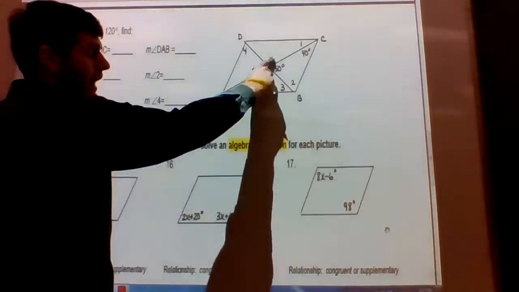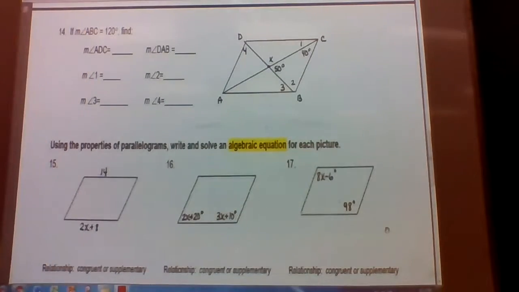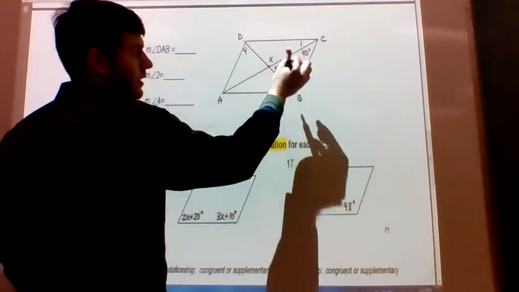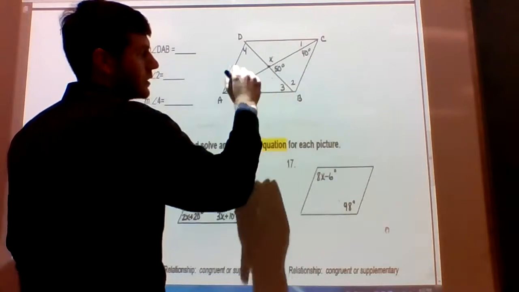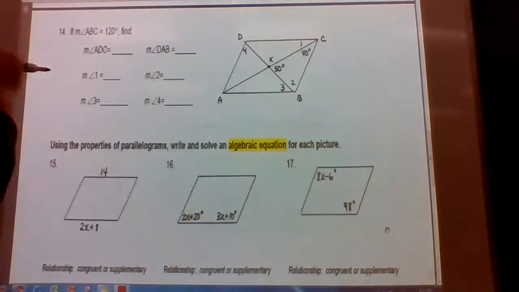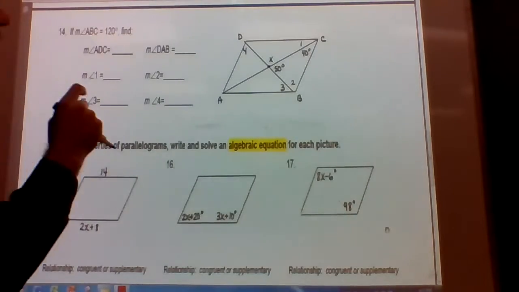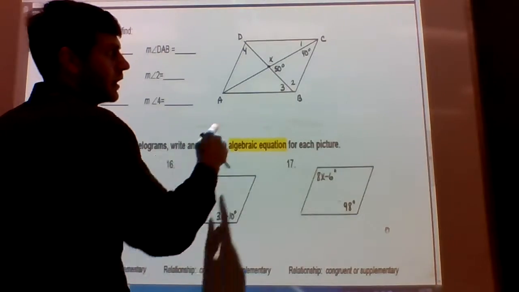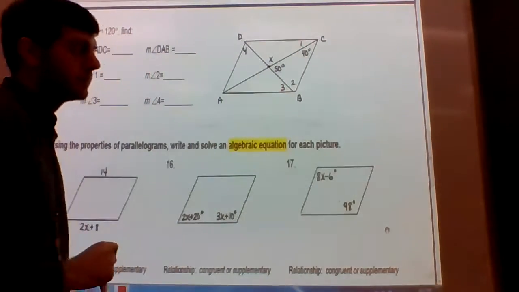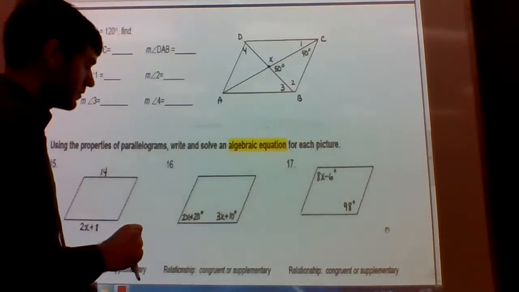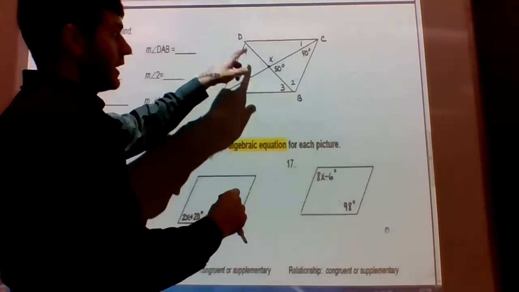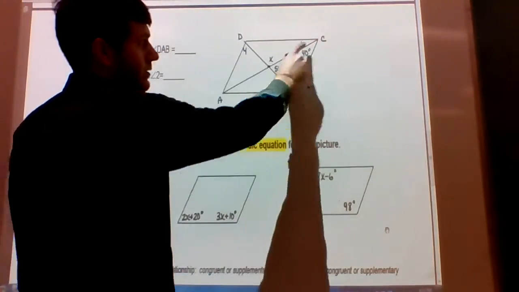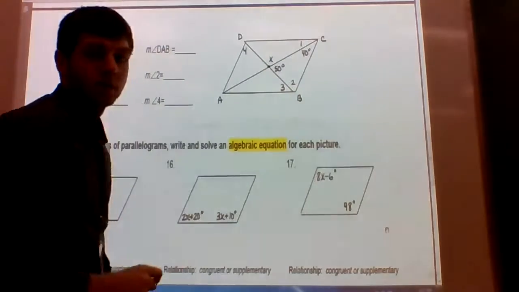If we look at X, it's going to form a linear pair. I think X is just the point, I don't think it's a variable. Yeah, X is just the point in the middle. So we know angle DXC and angle CXB form a linear pair.